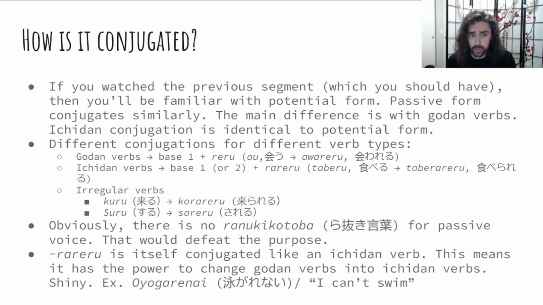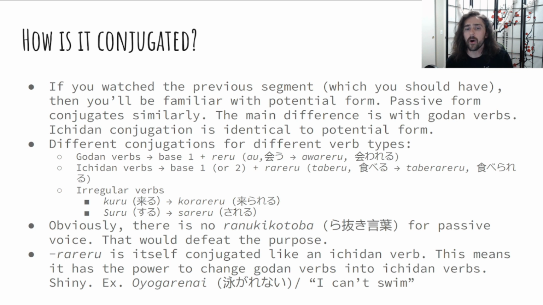With godan verbs, part 1 of this series, you want to know about that? It conjugates differently. So before, with potential form, you use base 4, meaning you're using an e conjugation at the end, right?